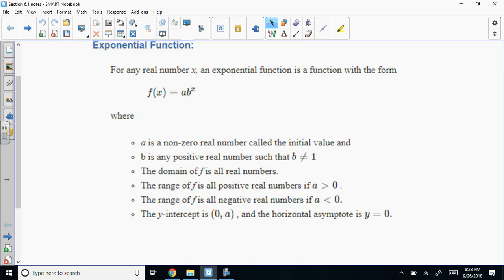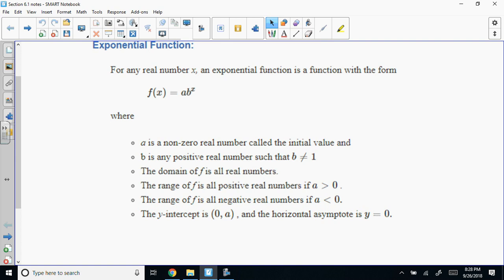A is a non-zero real number called the initial value. What did I have in the very beginning? That's really what A is. We'll do some word problems, so when they talk about in the beginning, that's your A. You have to remember that.